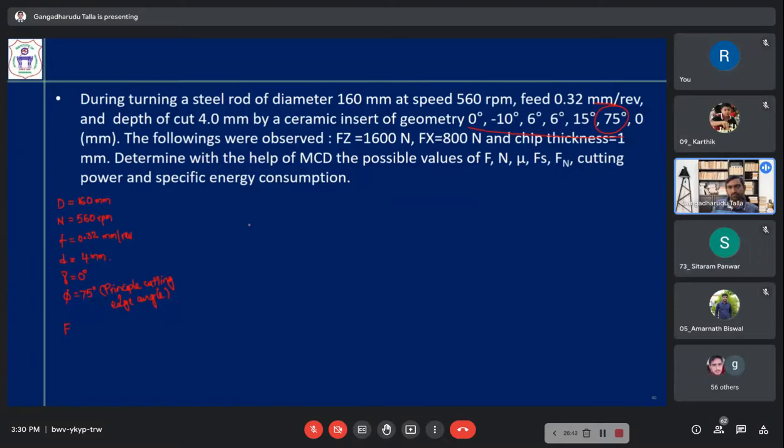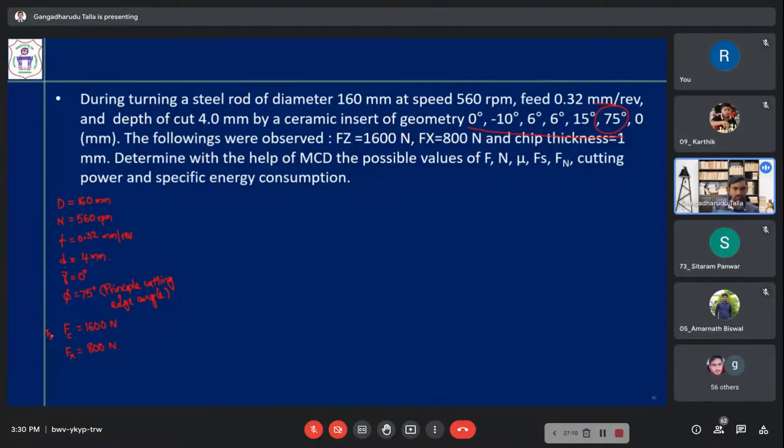Fz is the force in the downward direction. That is nothing but Fc. 1600 Newton. Okay. Fx is 800 Newton.